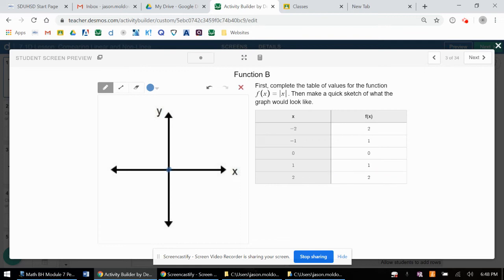So we'd have a point at (0, 0), a point at (-1, 1), (-2, 2), (1, 1), and (2, 2). And then we're just going to offer a quick sketch that this is kind of the idea of what the graph looks like. And we might be slightly incorrect, or maybe we need to plug in more points to really get a better idea. But that's what we've got so far.